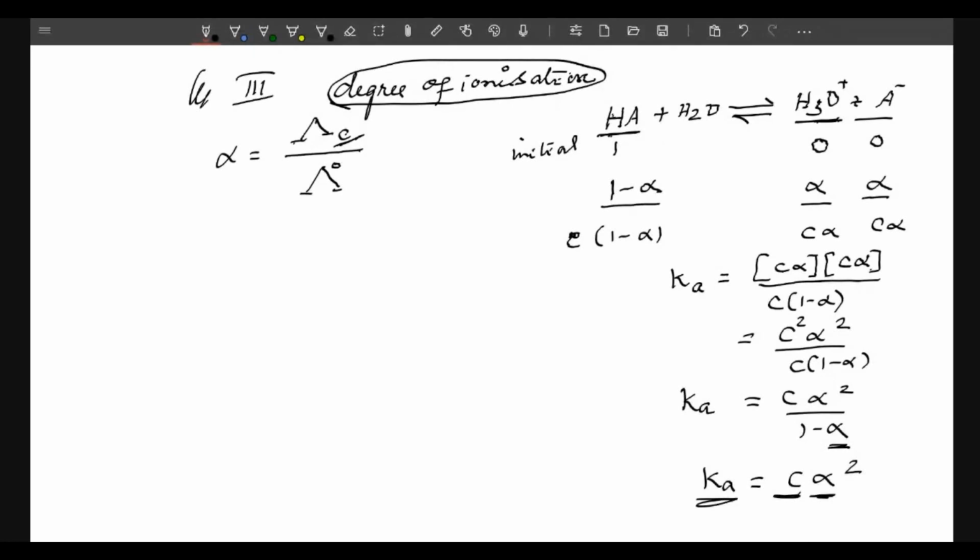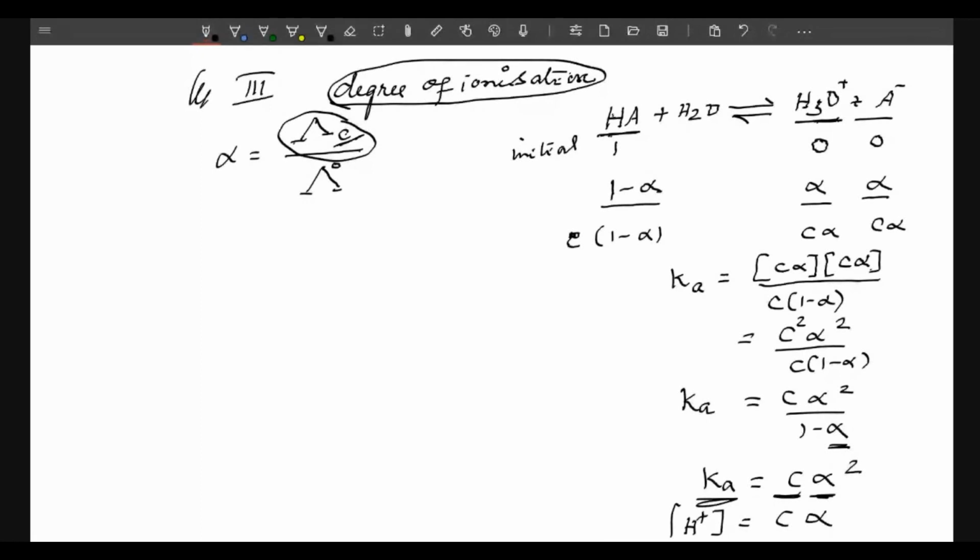You should bear this relationship in mind. Alpha is given by the equivalent conductance at the given concentration divided by the equivalent conductance at infinite dilution. And another thing, what is the concentration of H plus ion? They may be asking you. The concentration of H plus ion is nothing but C alpha.